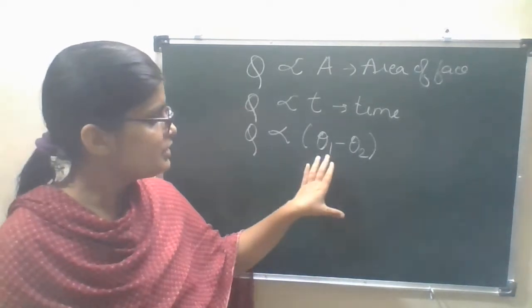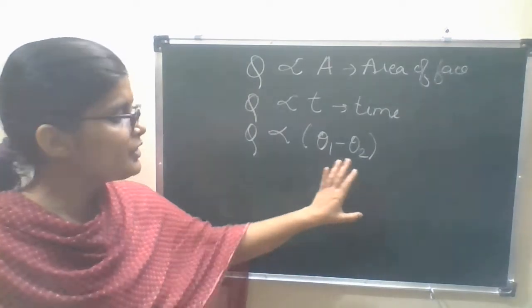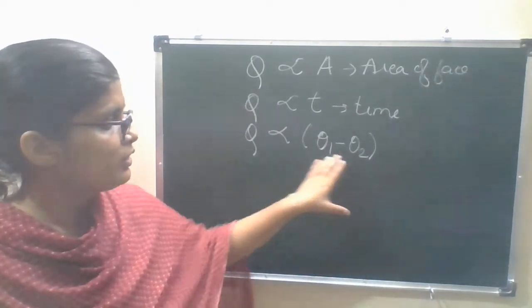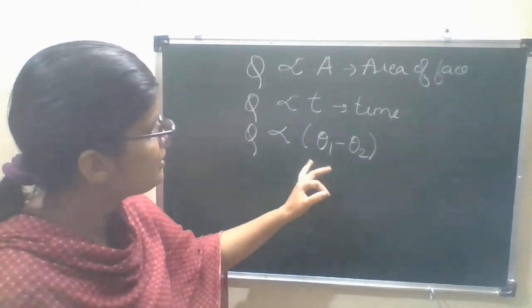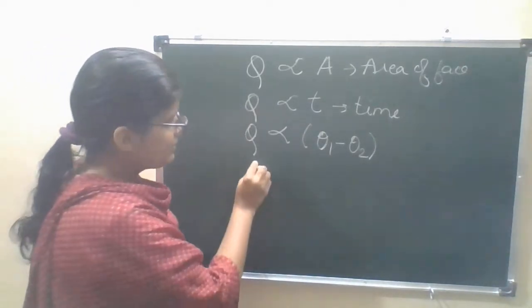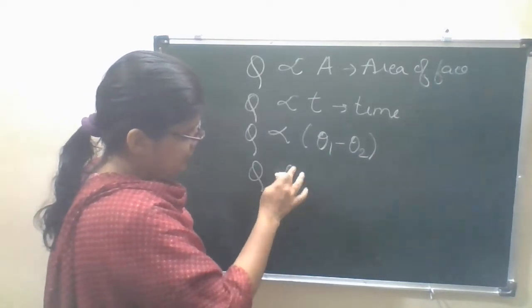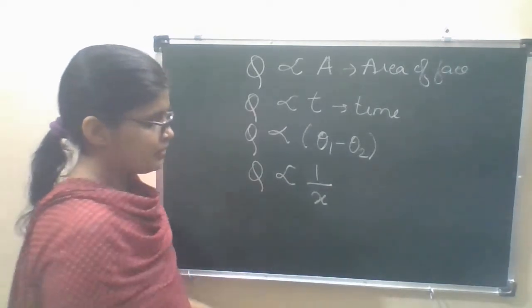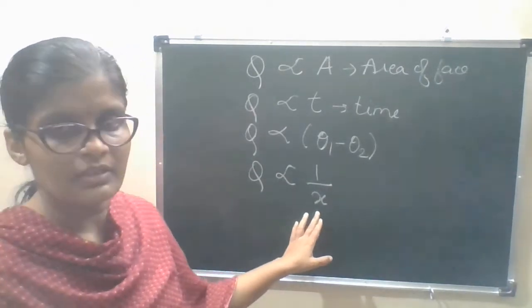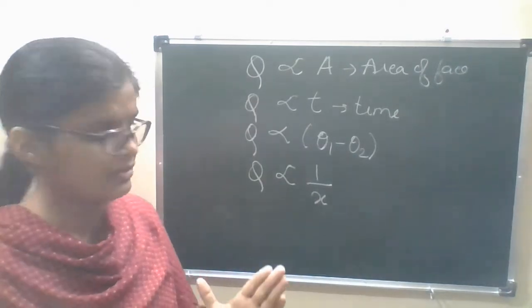So here it is bigger minus smaller. In mathematical calculation, we always subtract the smaller value from the larger value. Then which term is remaining here? Yes, the last term remaining is distance. Q, the amount of heat, is also inversely proportional to the distance. What is x? X is nothing but the distance between the two faces.